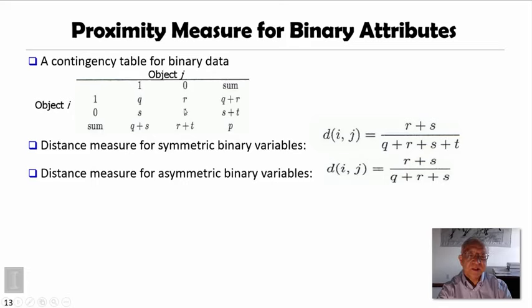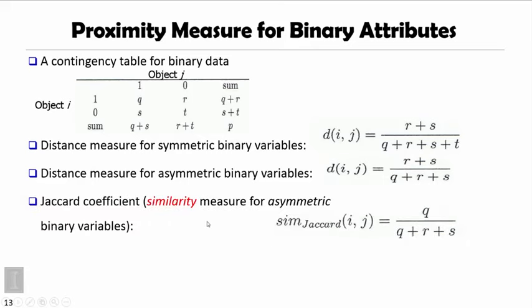The reason is, for example, in a medical test, only the positive one will attract attention. Then the distance measure is r plus s divided by q plus r plus s. That means all the cases with the t cases removed.